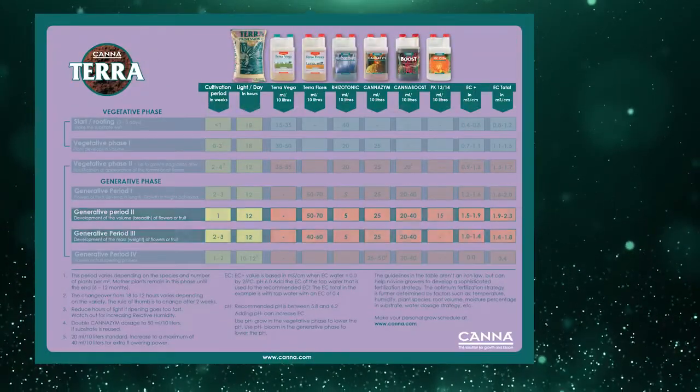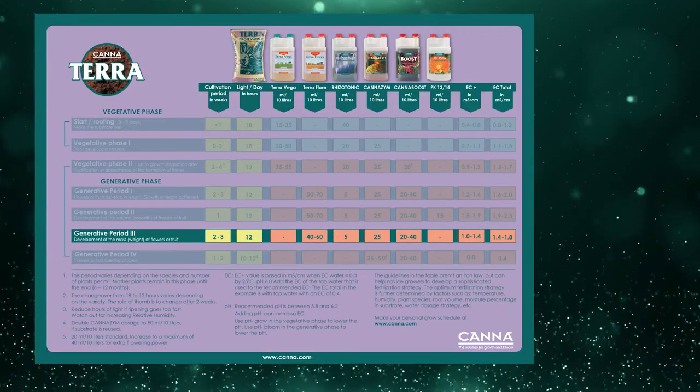After this phase we go to generative phase 3. The plant starts to take less nutrients. We are going to the end of the growth cycle. Outdoors it's September. And indoors we take the nutrient level down. We also start to flush once a week to make sure that the amount of nutrients is not too much.